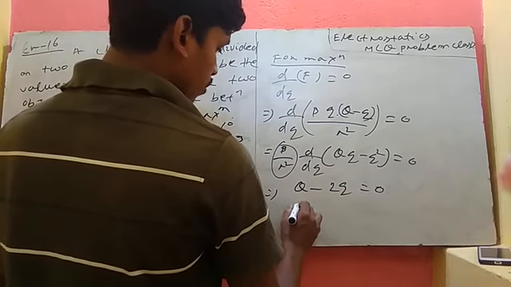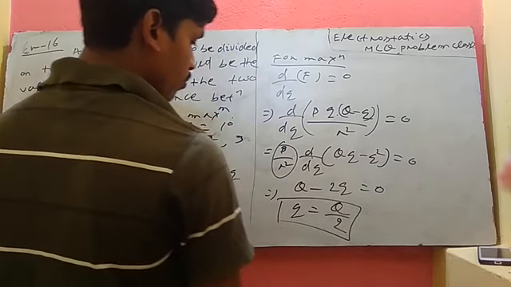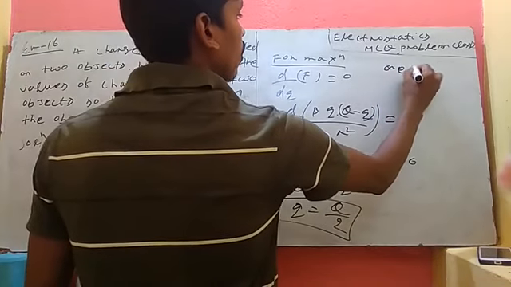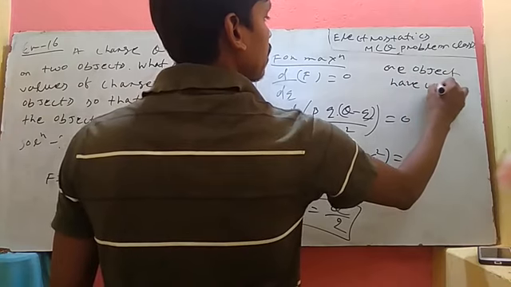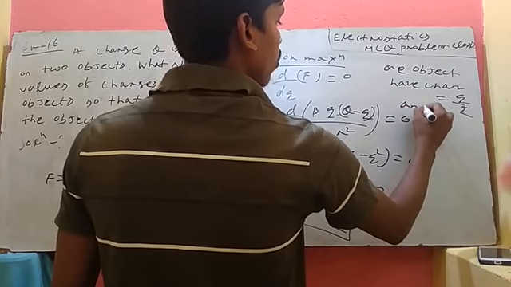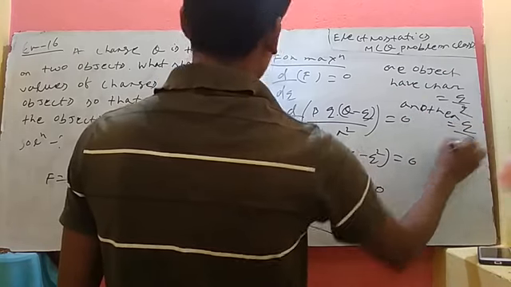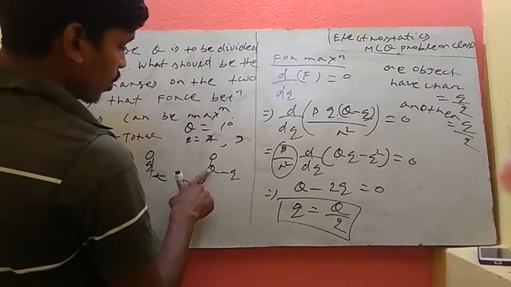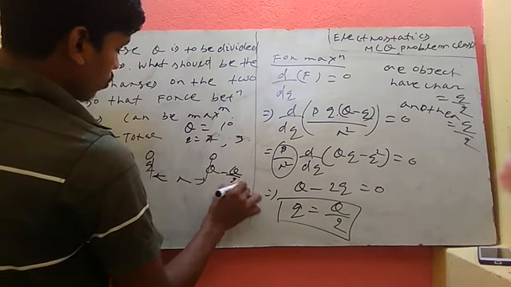So q is equal to Q by 2. Yes or no? So one object is having charge Q by 2, another also Q by 2.